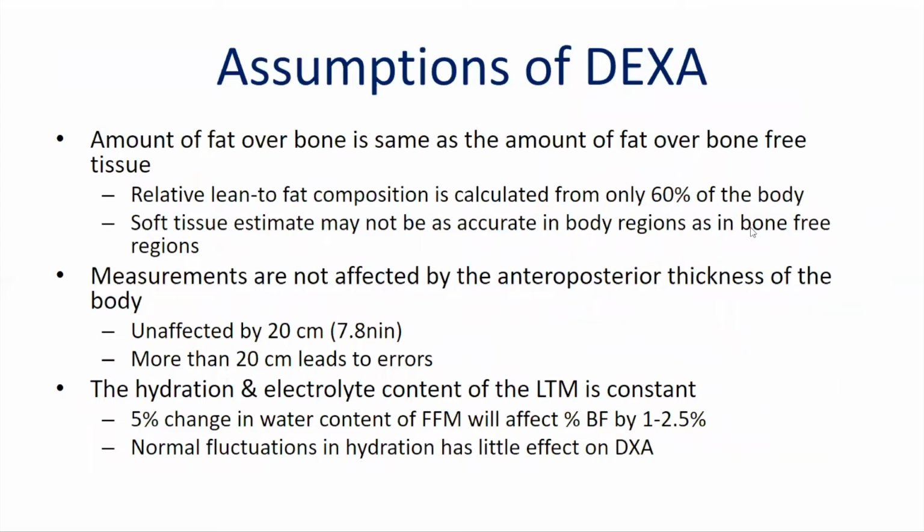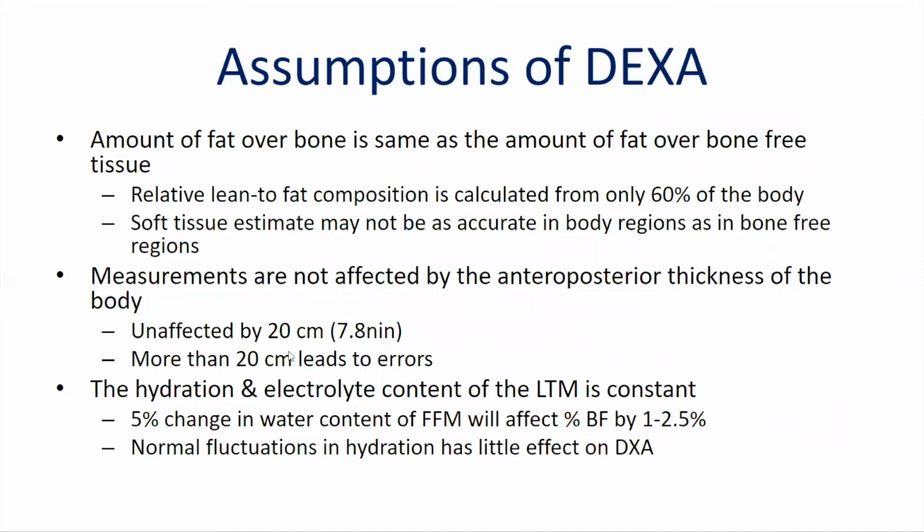DEXA also has a lot of assumptions, one being that the amount of fat over bone is going to be the same as the amount of fat over bone-free tissue. Also, it assumes that the anterior posterior depth of the person's limb or body part that is going to be measured is no more than 20 centimeters.